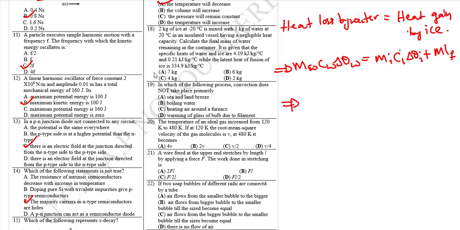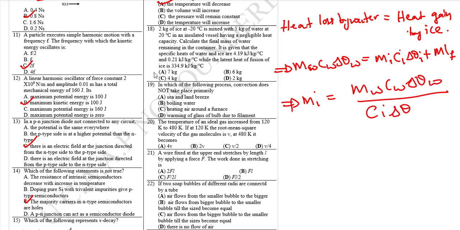Now what we are going to do is we are going to calculate the mass of ice that will dissolve. So Mi will simply be equal to Mw Cw delta theta W, all of this divided by Ci delta theta I plus Lf. So let's do numerical application.